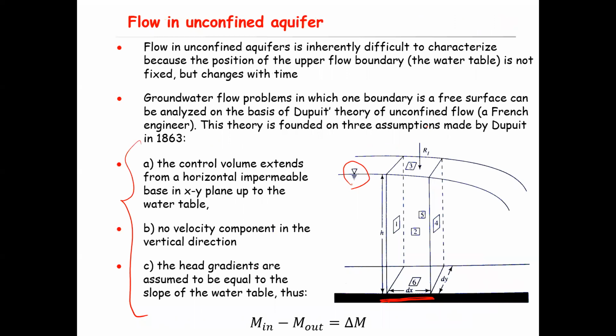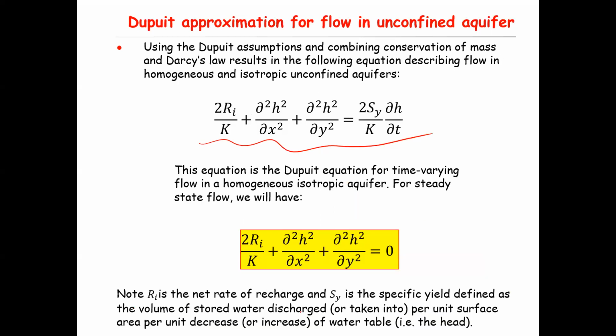If you apply the conservation of mass and consider these three assumptions, you will end up with this equation, which is basically again the combination of the conservation of mass and Darcy's law, which provides an equation that can be used to describe flow in a homogeneous and isotropic unconfined aquifer.